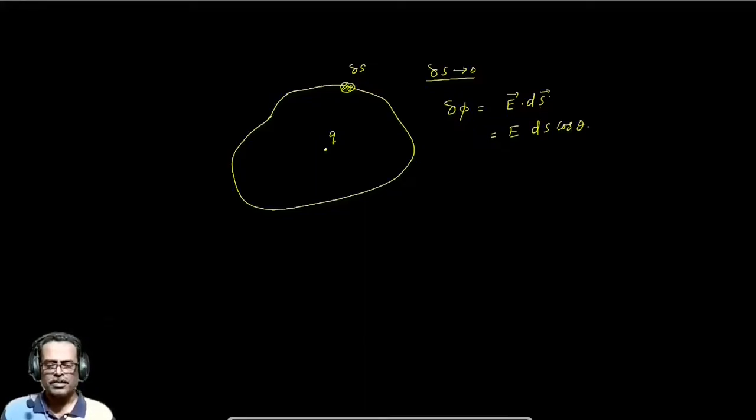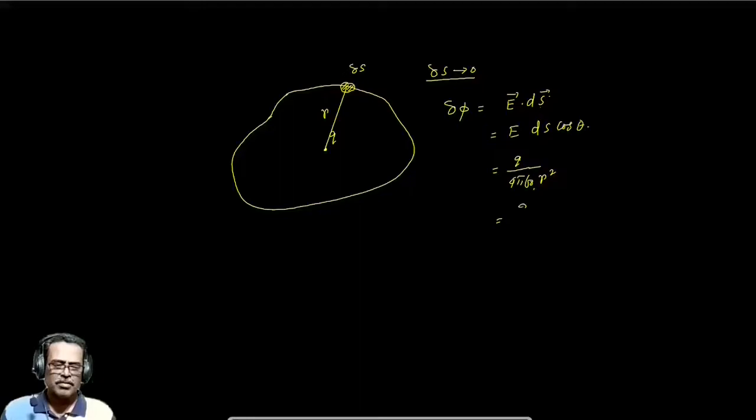Now suppose it is at a distance r from the charge. At this point, the magnitude of the electric field is Q by 4 pi epsilon 0 R square. Since R is variable on the surface with respect to the point Q, we can take R as constant here, but Q and 4 pi epsilon 0 are constant.